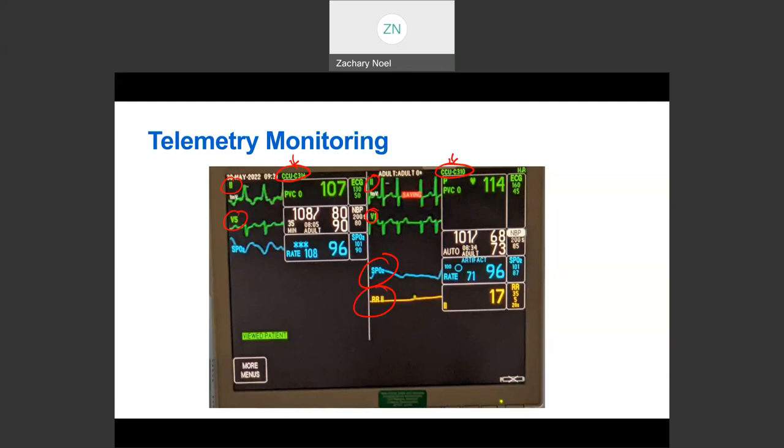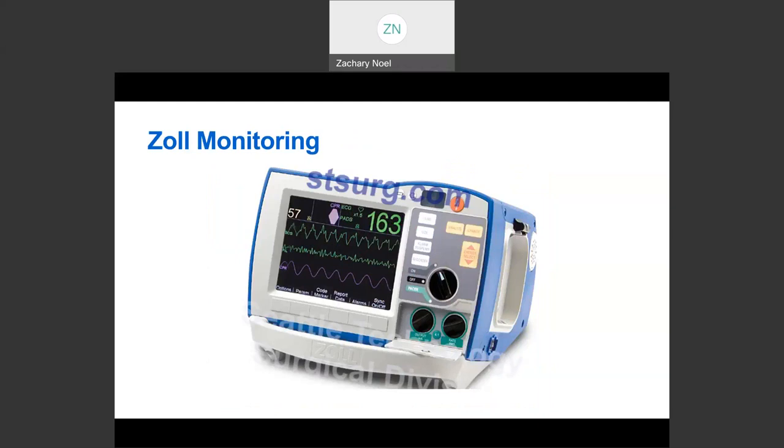I'm not saying that knowing the oxygen saturation isn't important, but what I am saying is that when pharmacists and residents get thrown into these emergency situations, oftentimes there are so many things going on that they really need to train their brain and just focus on the rhythm itself. If you're able to block the other things out and just focus in on lead 2, I think it will help you in identifying the rhythm and coming up with a treatment approach from there.